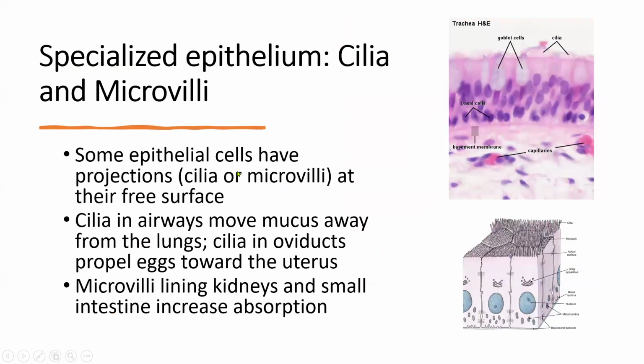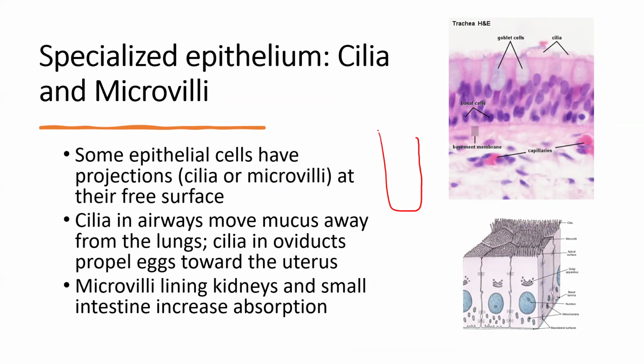Okay, so some epithelial cells have projections, and these are a little bit different from the cilia. Instead of having a little hair that helps move things around, hair looks like this, okay? But sometimes it's not hair.